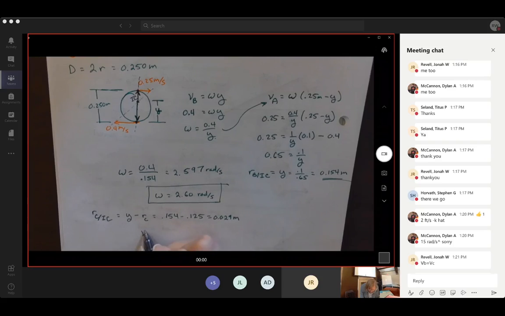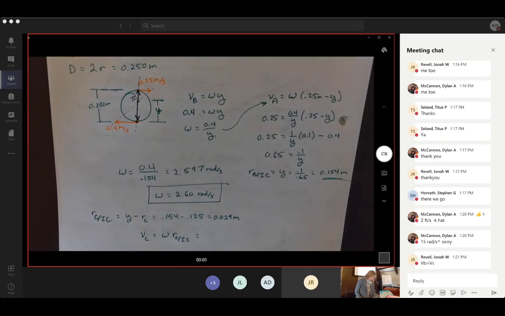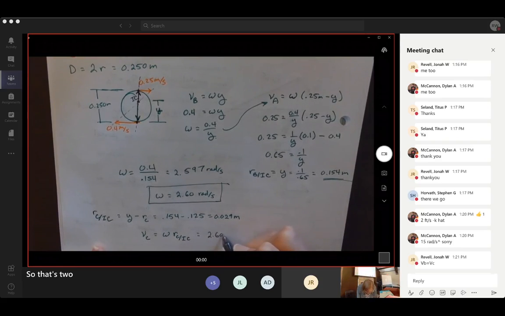Okay, and then VC is a tangential velocity. So it's omega times RC with respect to IC. Okay. So that's 2.6 radians per second times our 0.029 meters.